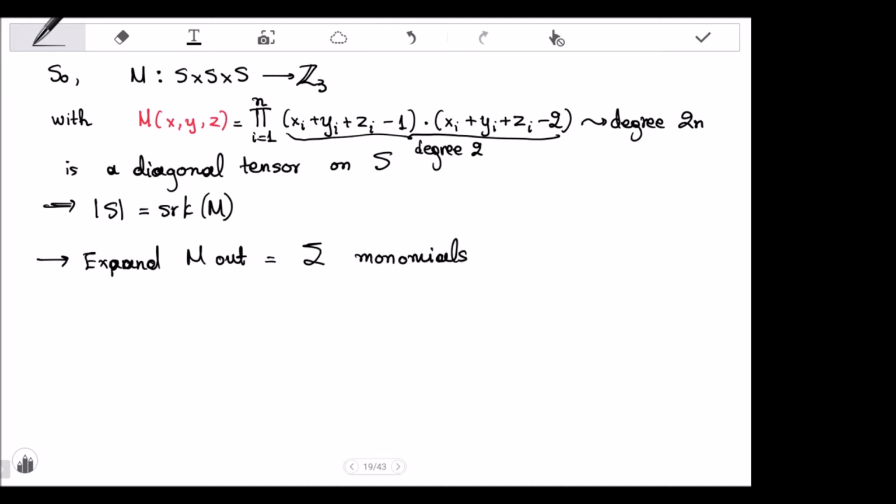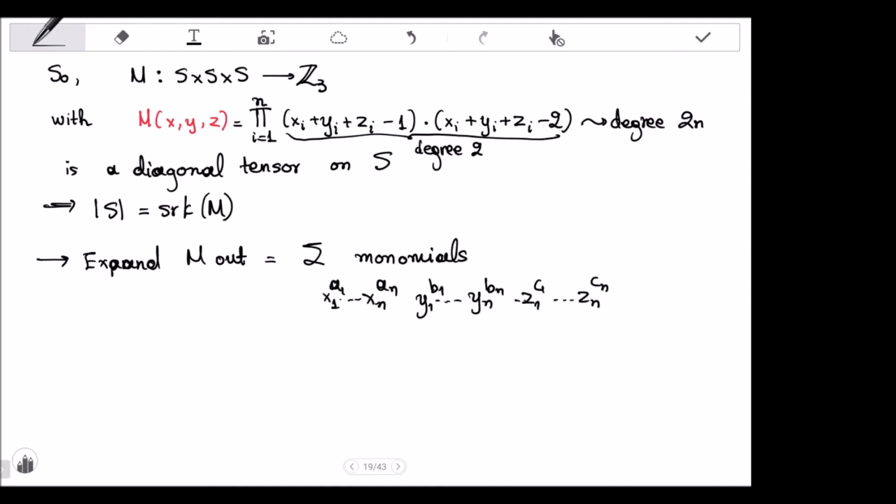The monomials will depend on all the variables appearing here. So it's important that the variables are not 3, actually. There are many more, because each x, y, and z, they live in Z3 to the n. So they have n variables in them. So I have monomials in the x variables, in the y variables, and in the z variables.